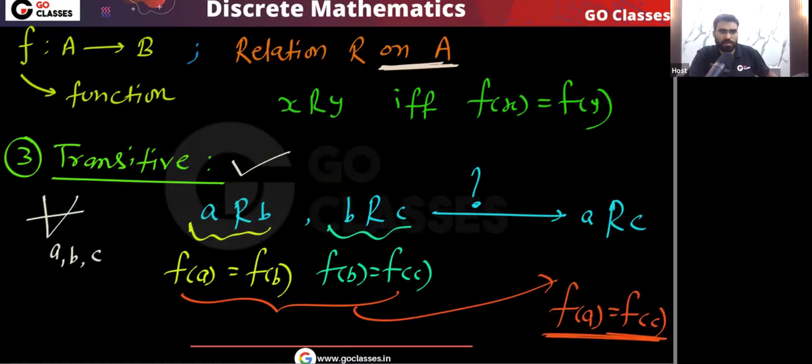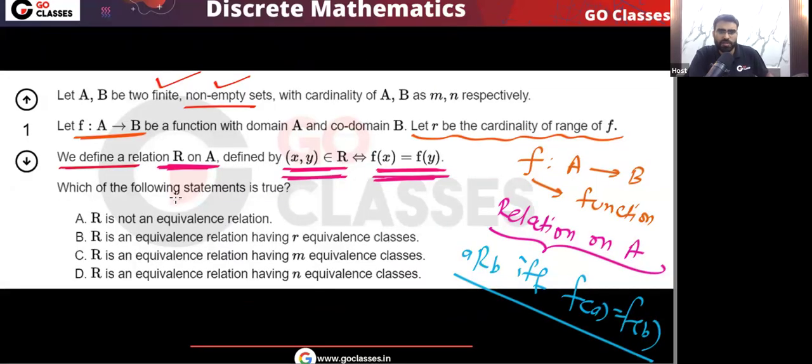Yes or no? So this is the idea. Finally, is this an equivalence relation or not? Yes, this R will be an equivalence relation. This is what we have proven.